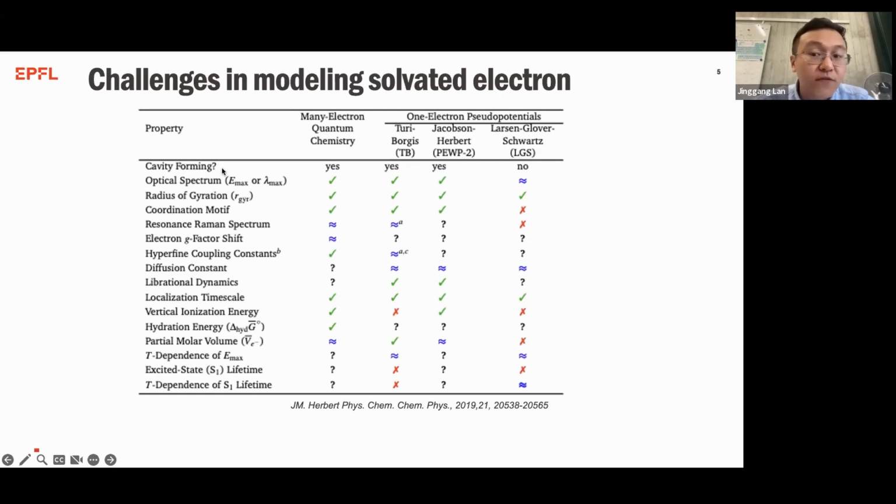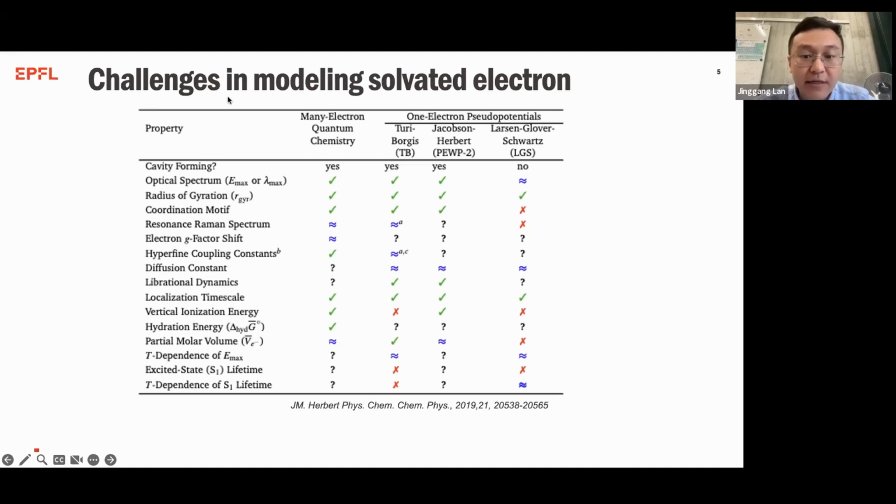From the theoretical point of view, there are two main approaches to simulate the solvated electron. Most of the knowledge comes from the so-called one-electron pseudopotential models, like the TB model, the PWP model, and the LGS model. In those models, which are based on a QM/MM formalism, the electron is treated using quantum mechanics, and the water or solvent molecules are treated using an empirical force field, like a simple point charge water model.